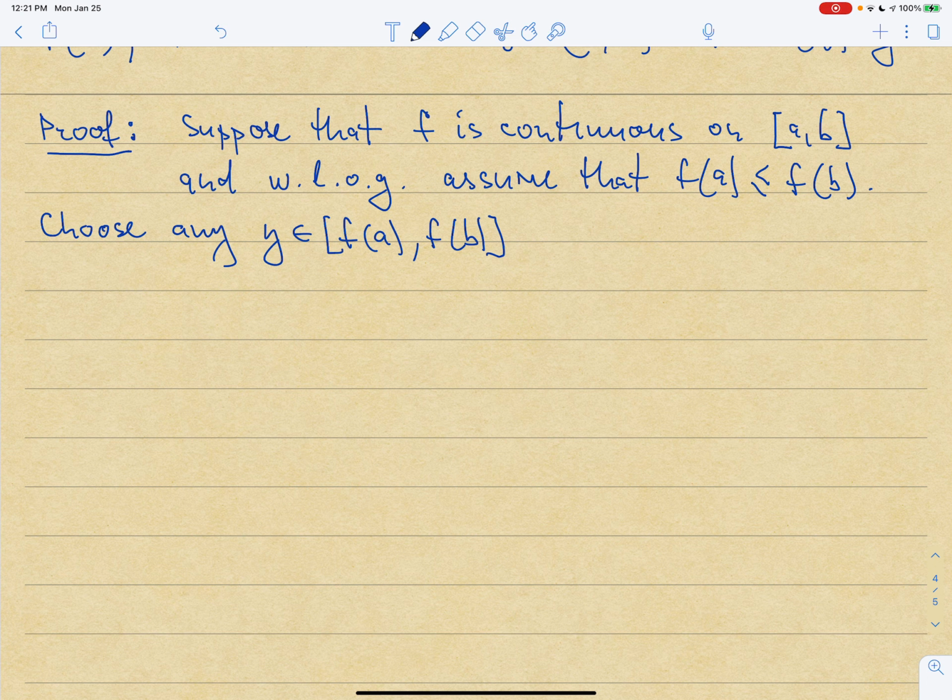So in that case, the proof actually is trivial. So if f of a is not equal to f of b, then we can just take an open interval from a to b and consider any y between these two points.